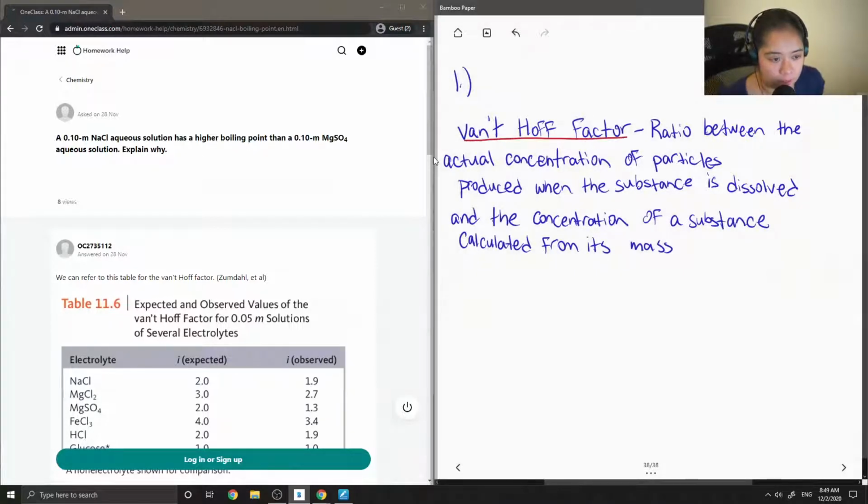Again, it is the ratio between the actual concentration of particles produced when the substance is dissolved and the concentration of a substance calculated from its mass.